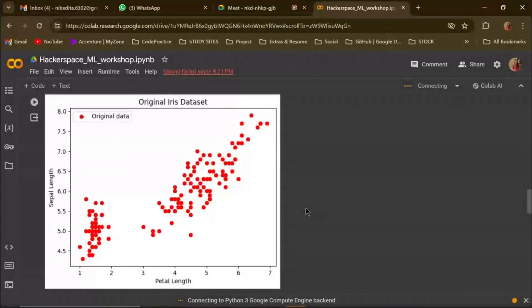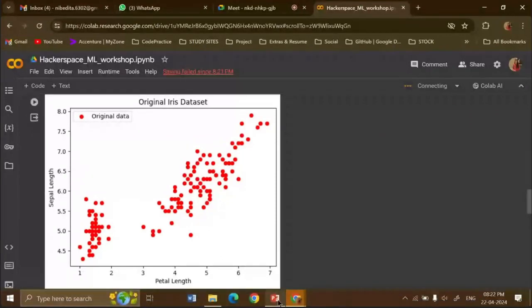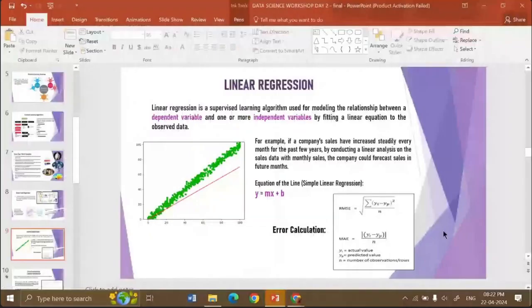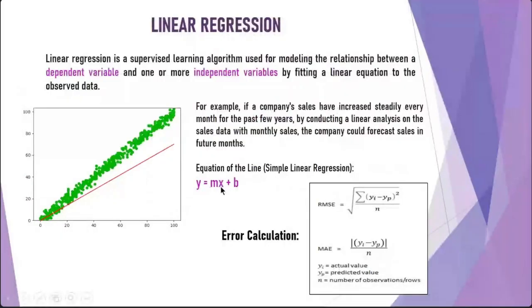That's why we are telling that X data is independent. And the Y data depends on X data. See, we write Y equals mx plus b, which means Y data is dependent on X data. That's why we call Y the dependent variable. Okay, is it clear? Yes, Didi.